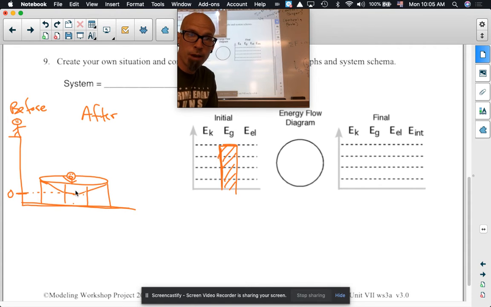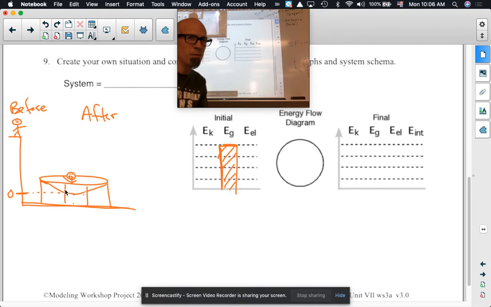Now, for the after, I'm going to assume that the person is not still moving, that this is at the maximum stretch of the trampoline and springs. And so I'm going to assume then that we have no height, we have no motion at this point.